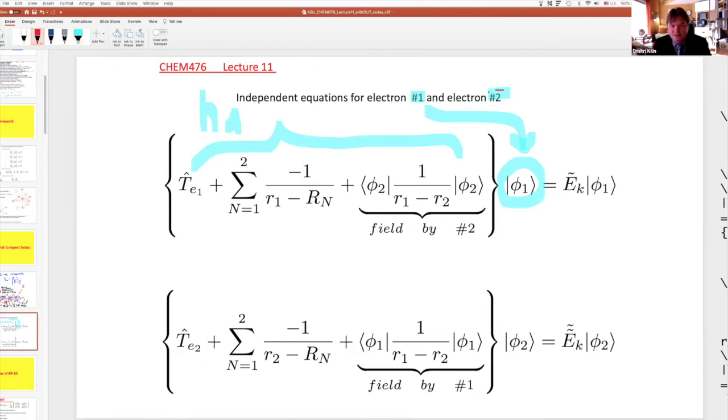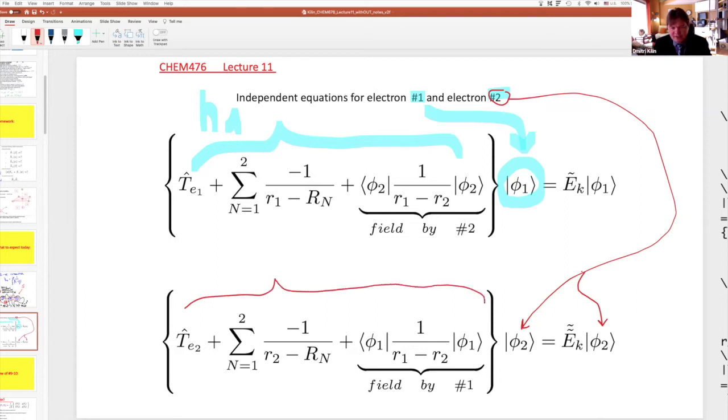And then for electron number 2, we will have another equation, you see here, phi2. I use Dirac notation because it is a little shorter. And instead of the general Hamiltonian, it will be something specific for electron number 2.